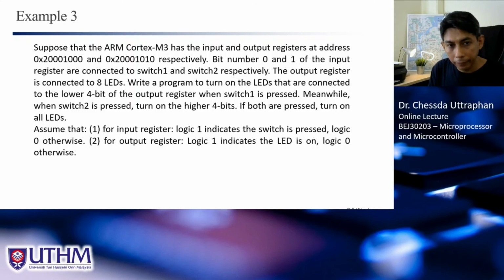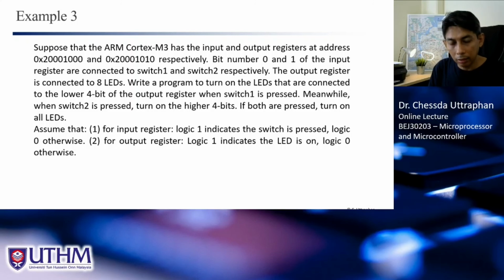Now, what if we want to get the data from outside the microprocessor? Means that we read from the outside, process that data, and send it back to the output devices. So that is the job of the microprocessor, to get the data from the outside, process, and then return the data to the output, so that the user can see the output.